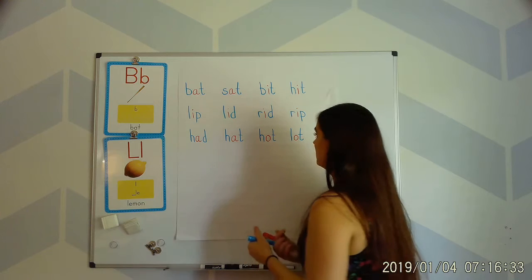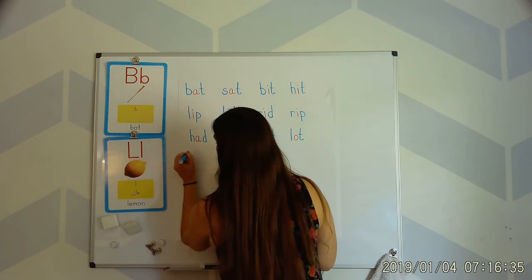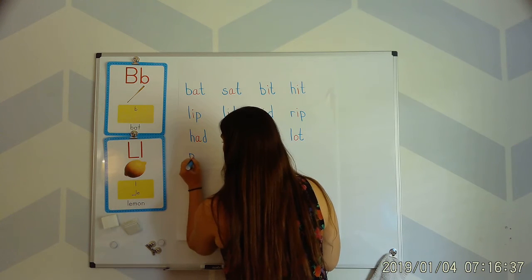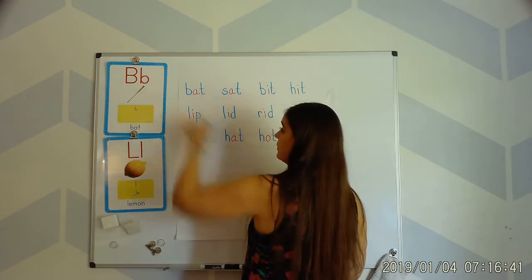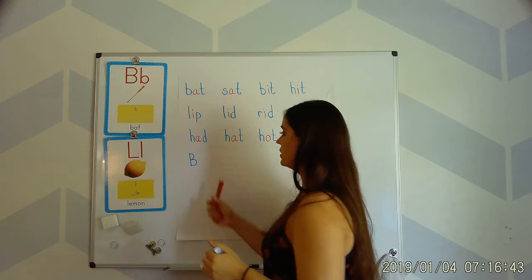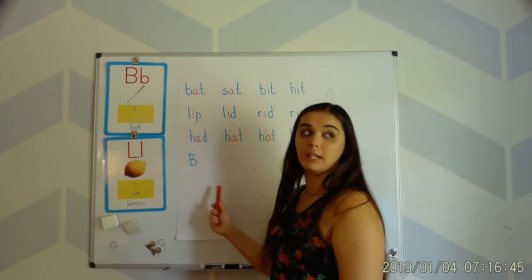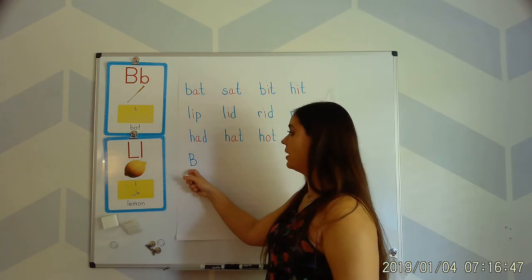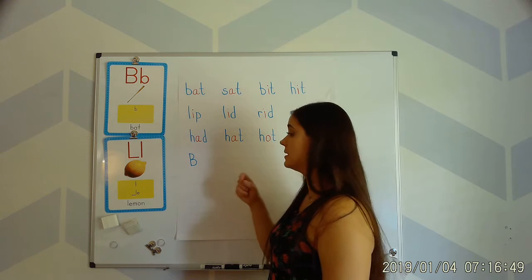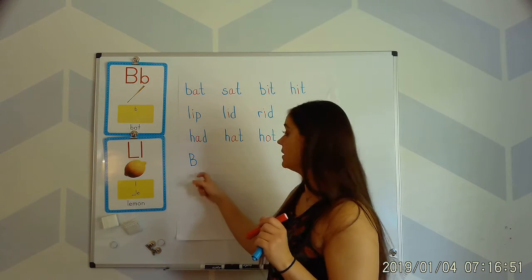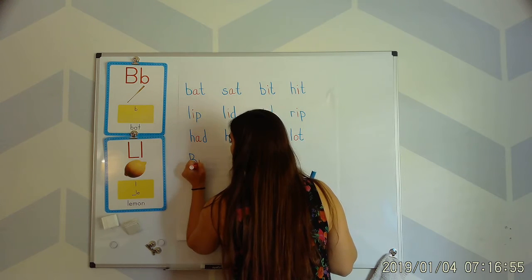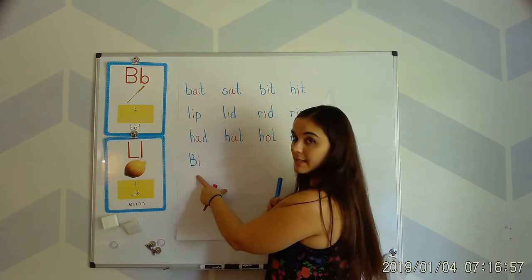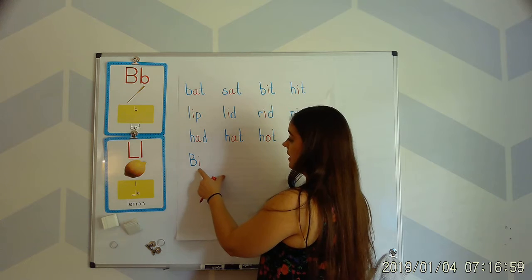Sentences are probably my favorite part of blending. So B says ba, like the bat card. So there's actually going to be two reasons that this B is capitalized. So one, it's at the beginning of a sentence. And I want you to just go ahead and think about what the other reason might be. And I says i, bi.